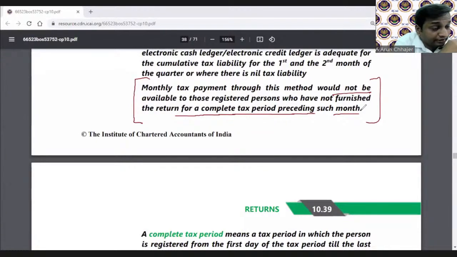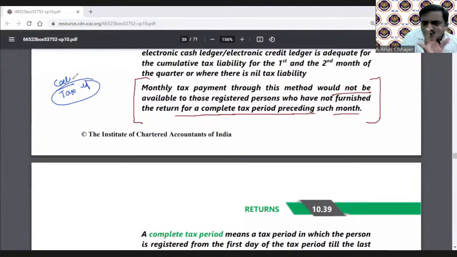If output tax liability is greater than 35% of the cash portion of the previous quarter, what will happen? See, simply I am saying: calculate the tax liability which was paid in cash.